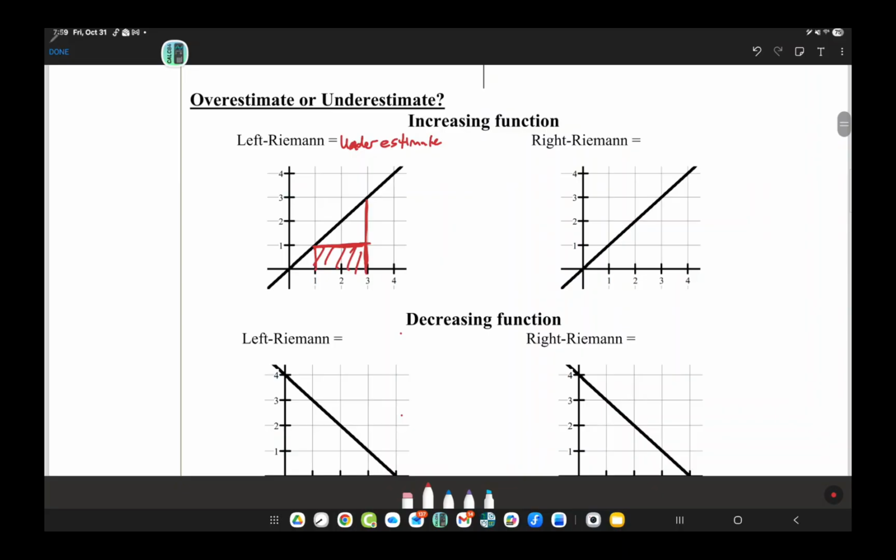So this is a left Riemann sum on an increasing function. That will give you an underestimate. If we do from 1 to 3 with a right Riemann sum, overestimate.